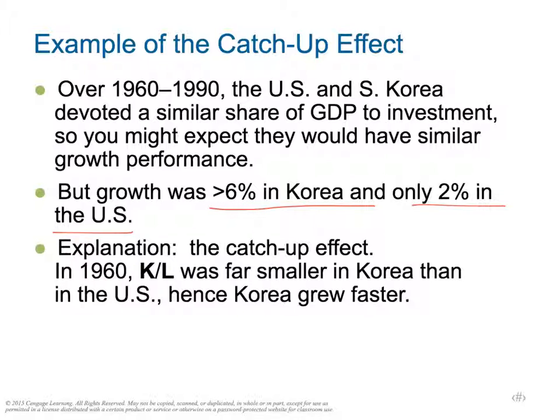And again, the catch-up effect is the reason, because Korea was not as developed originally, and so it got a lot more benefit by that investment. And that investment could be any one of the factors that we've talked about in this chapter. It could be capital, it could be natural resources, it could be labor, or it could be human capital. Any of those would be susceptible to this idea of the catch-up effect.